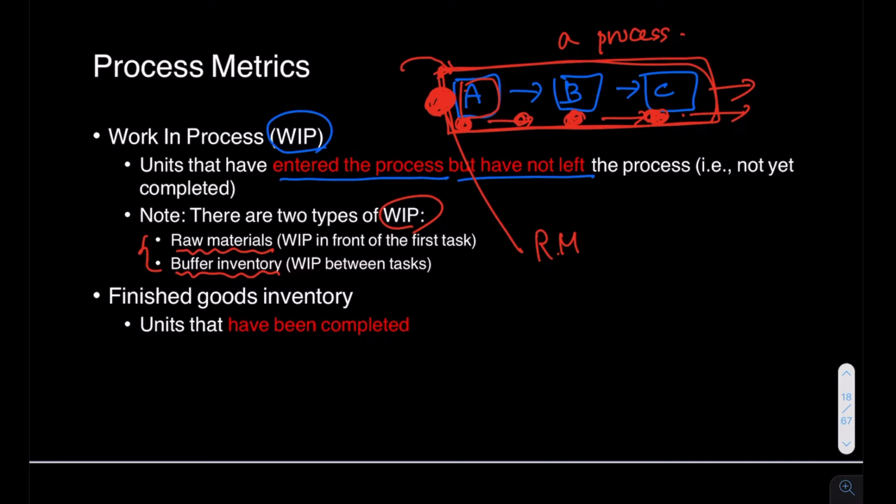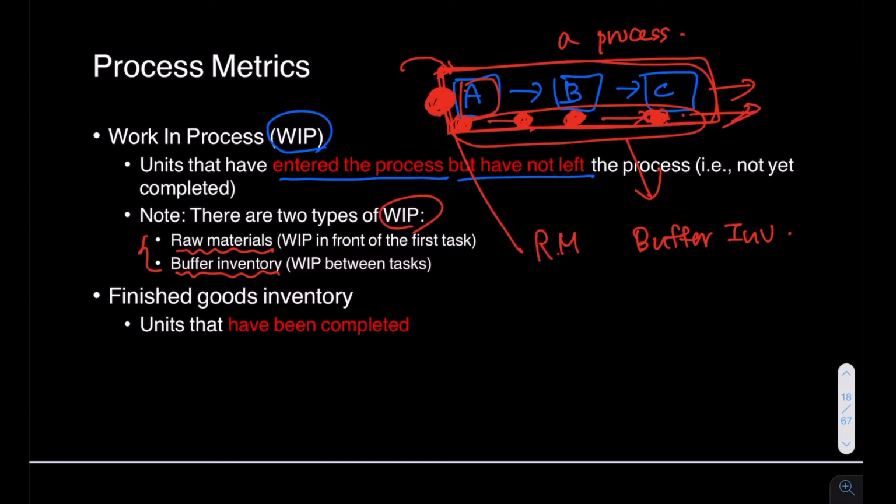And then as these materials are moving through the process, they are going to be transformed, right? They are going to be assembled and may be painted or whatever. But still, if they do not leave this process, in other words, if they are not finished goods yet, we name this work in process buffer inventory.